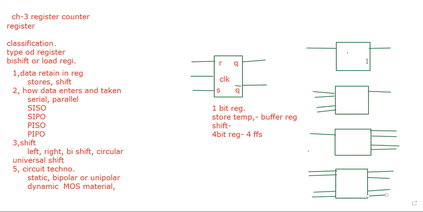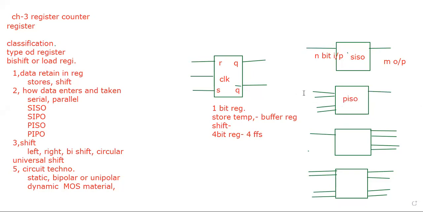So here we can say this one is SISO. This is an N-bit input, and this one is an M-bit output. Similarly, this one is PISO, parallel in.